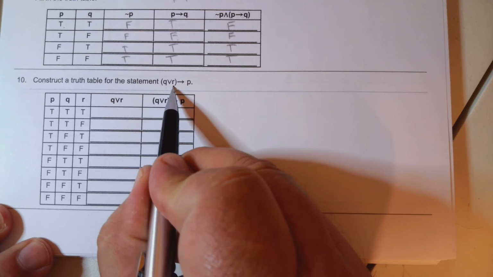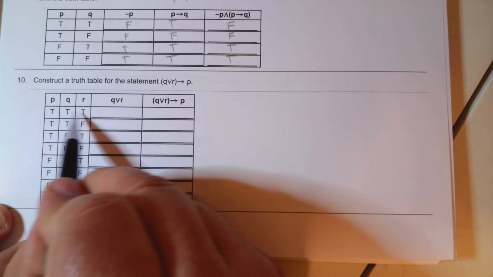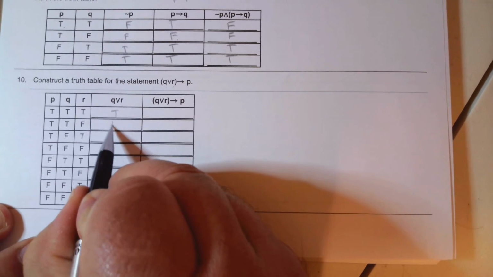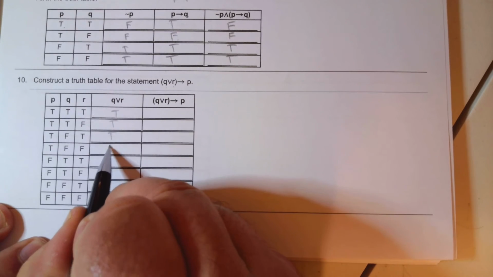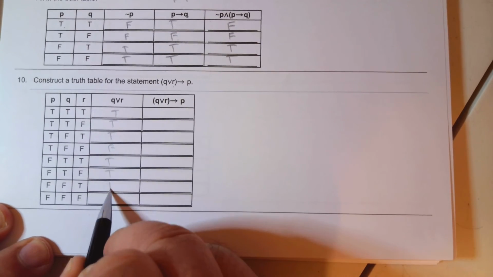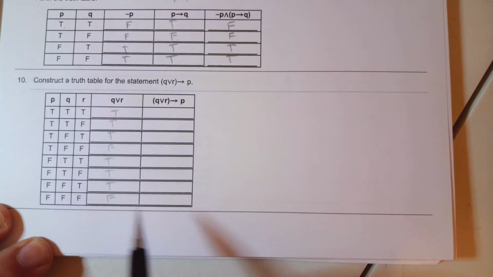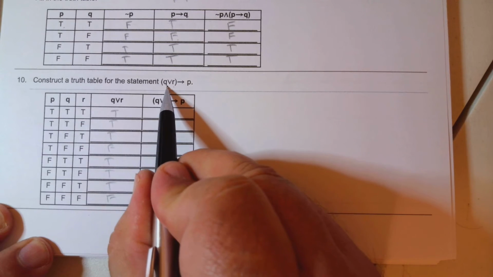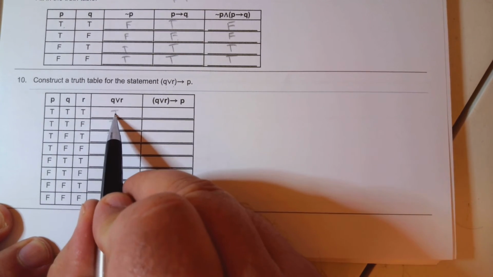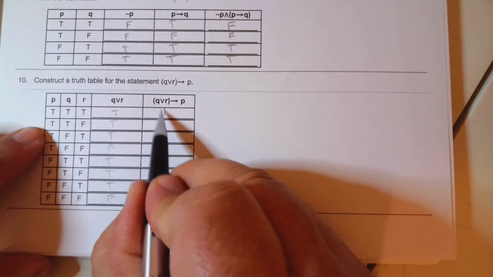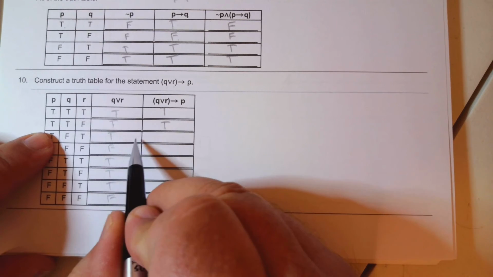So we have to do Q or R. If either is true, then the statement is true. If they're both false, they're false. If that, then that. So, true and true is true. True and true is true.